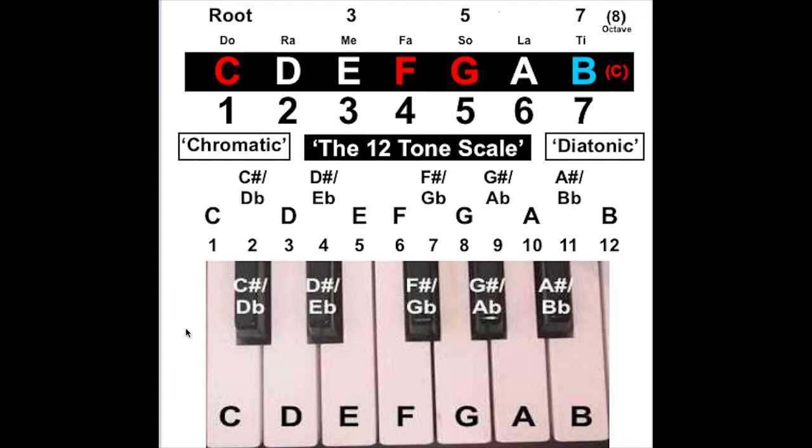Now, this concept is known as chromaticism, and it basically means playing through each note individually in sequence and not adhering to a scale, shape, or sequence. And because you're not sticking to any specific scale, it tends to have a very out of tune sound.